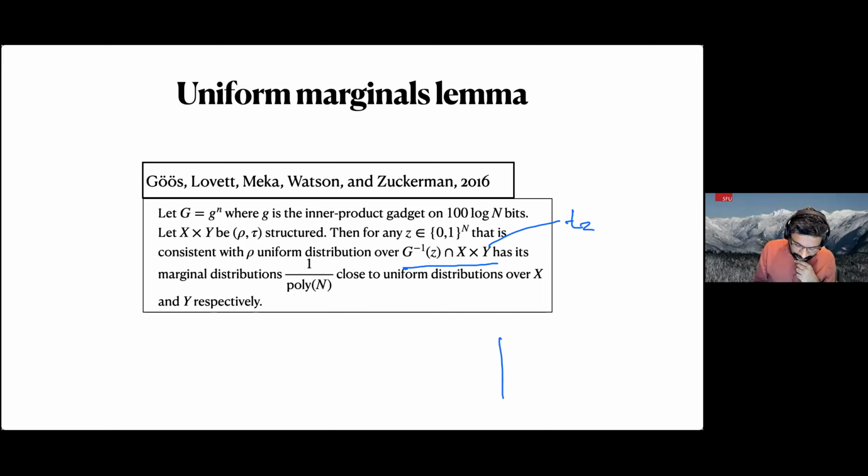So what that means is, if we go back to that picture that I was showing you earlier, uniform marginals says that for a typical x, if you cluster the y's based on the gadget output, so maybe all these y's are one gadget output and these y's are another gadget output, for a typical x this would be almost equal.